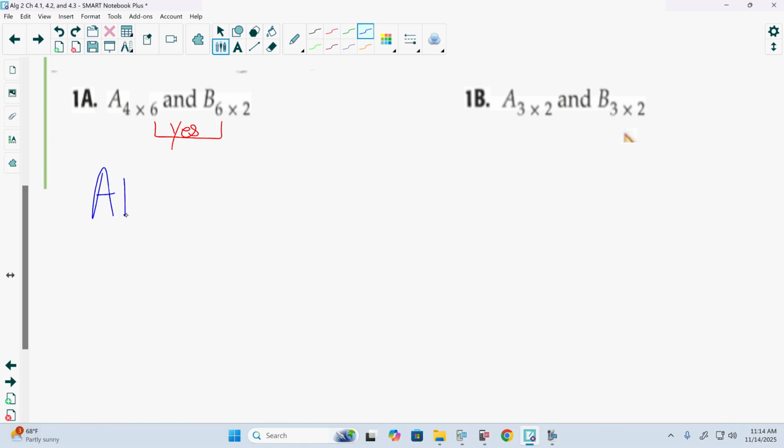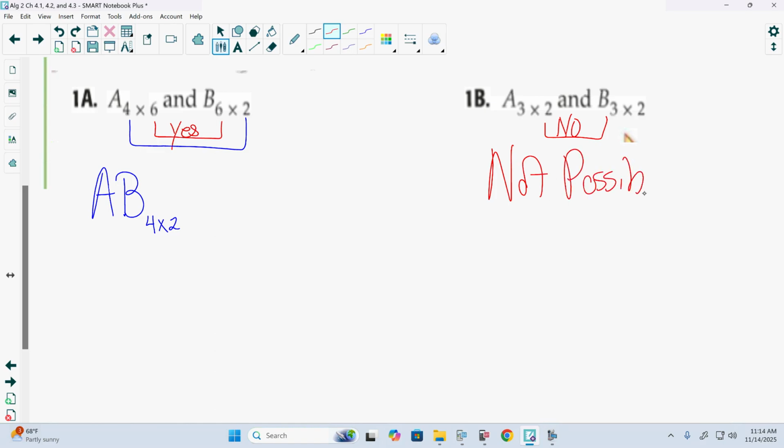We can do A times B. And the new dimensions would be 4 by 2. 4 rows, because we take the rows from the first one, 2 columns from the second. Questions on that before we look at 1B? Columns of the first is 2, rows of the second is 3, so that tells us what? No, not possible.